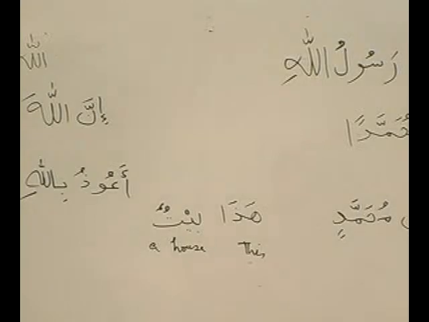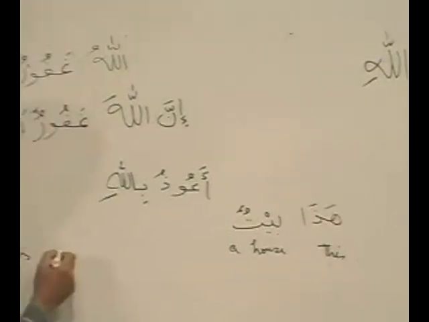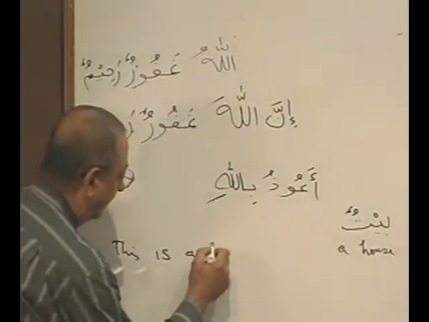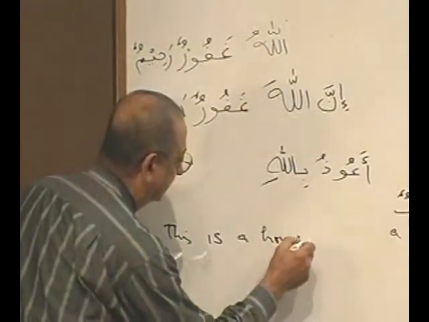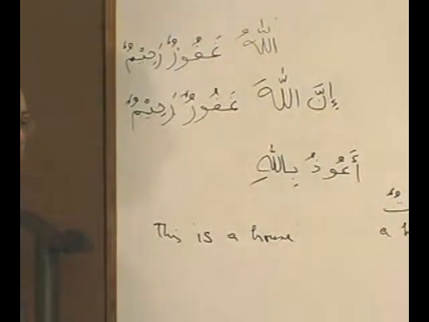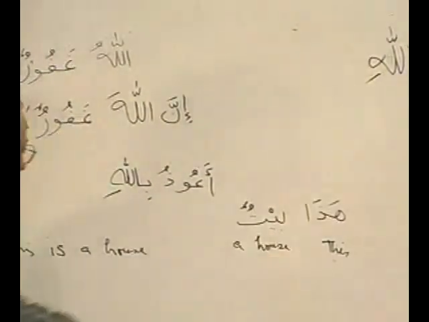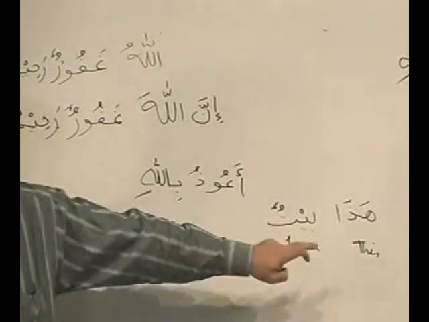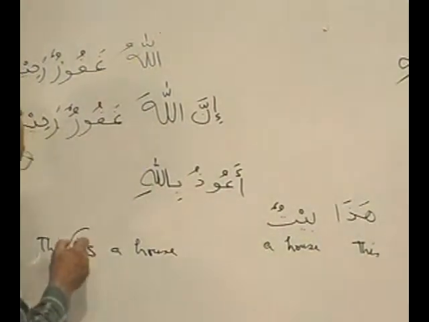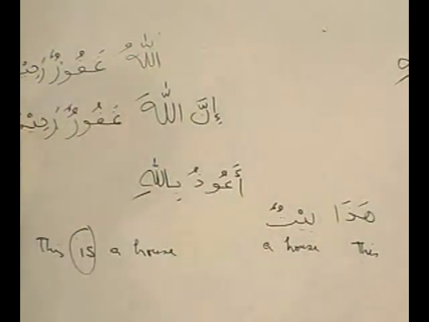No, but you said in English that this is a house. I see this here, haza. I see a house here, baytun. But I don't see anything similar to is in Arabic.